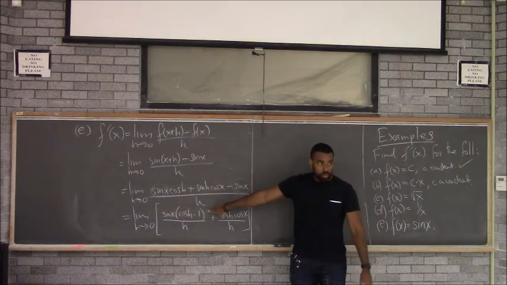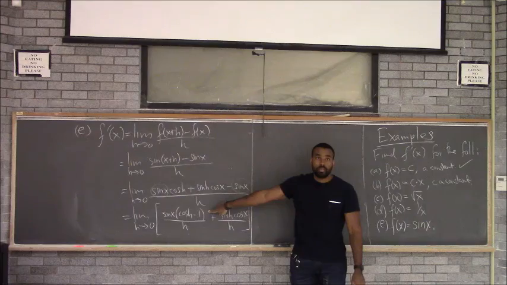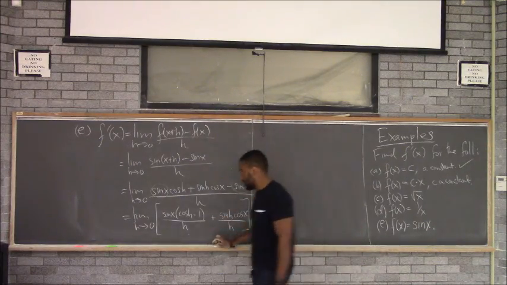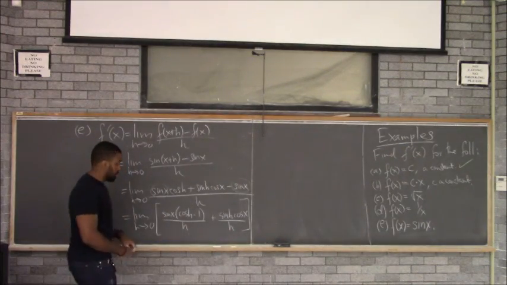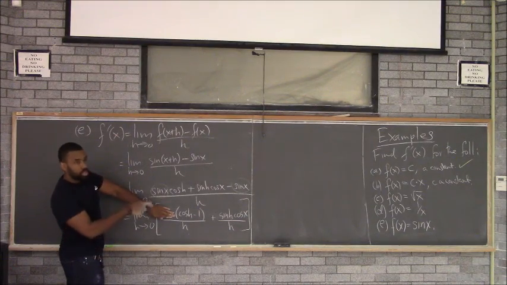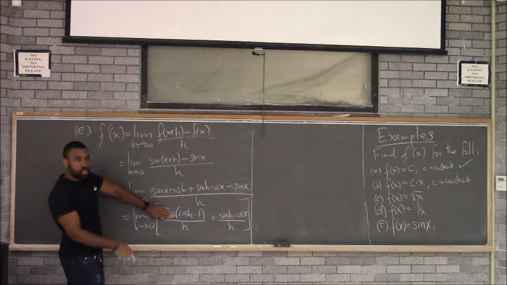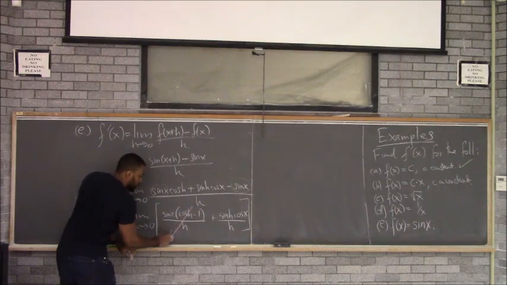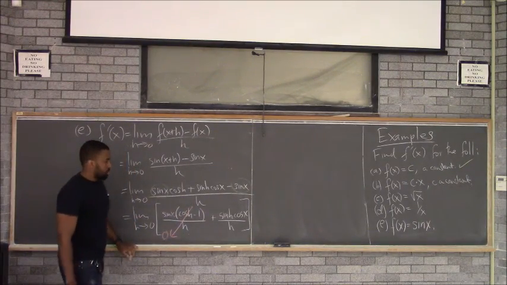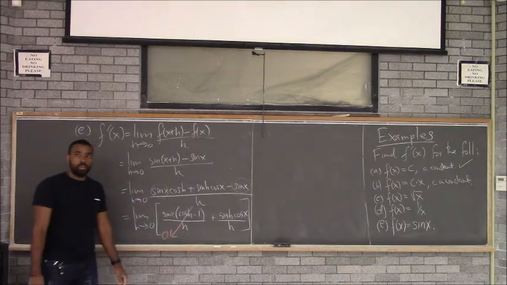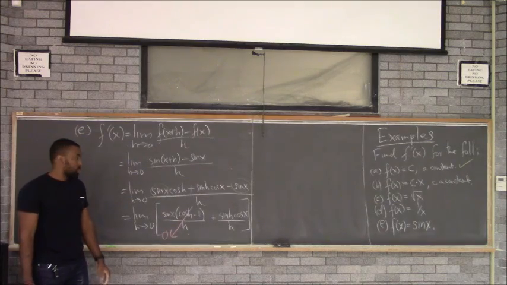What's the limit of this? Yeah. 0. You guys are taking way too long. That's something you should know automatically. The limit of cosine x minus 1 over x as x goes to 0 is 0. That's a special trig limit. What's the limit of this? Yeah? Cosine of x.